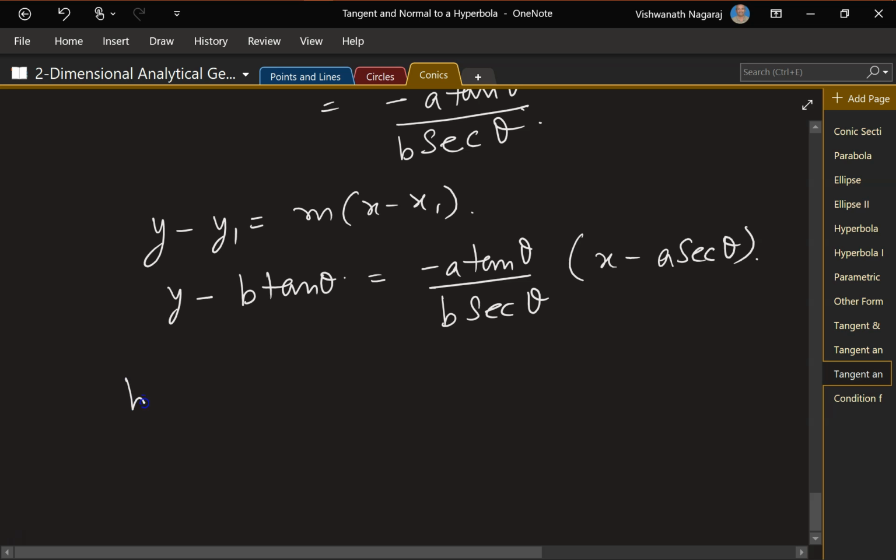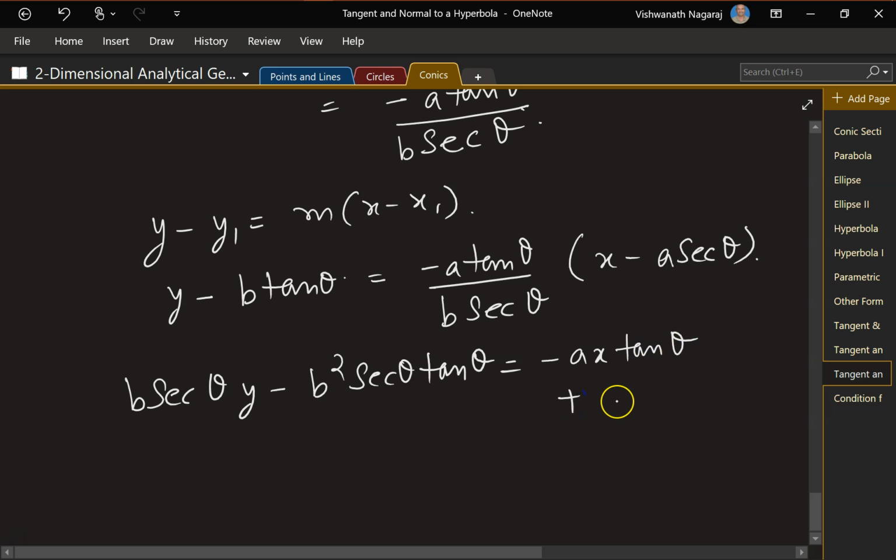Simplify. b sec theta y minus b square sec theta tan theta is equal to minus ax tan theta plus a square sec theta tan theta.